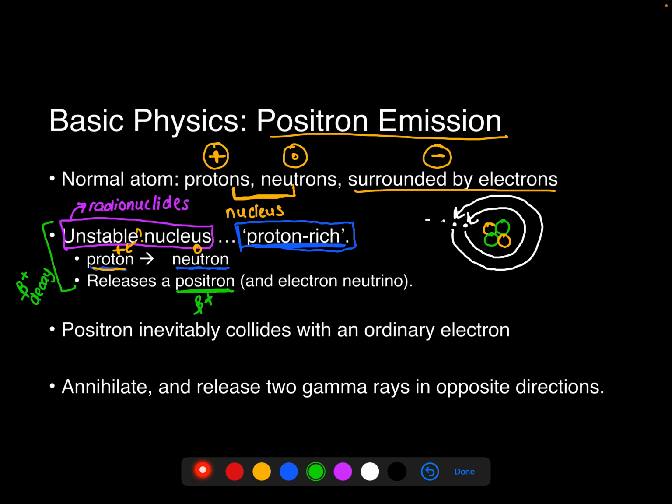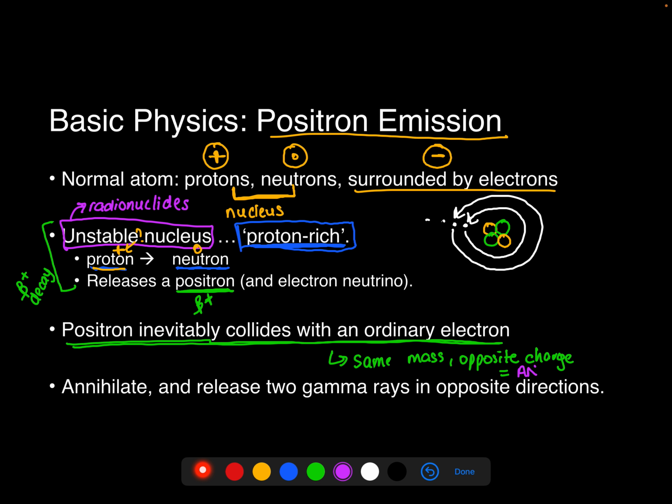This positron inevitably collides with an ordinary electron. And because they are basically the same mass but opposite charge, they're known as antiparticles.